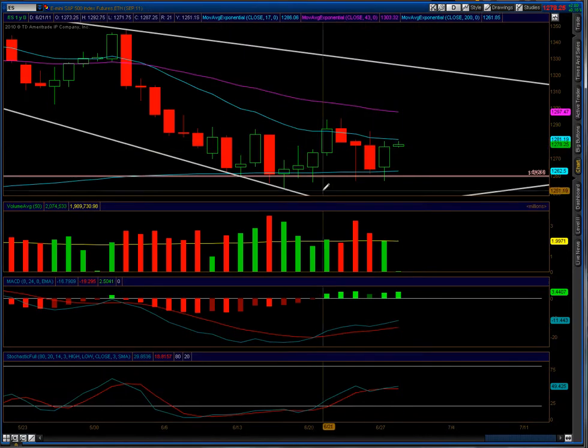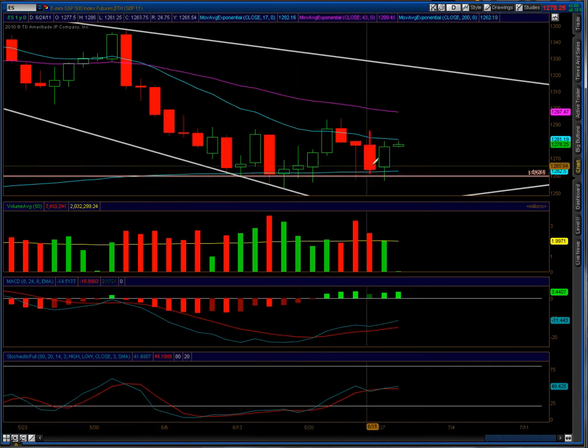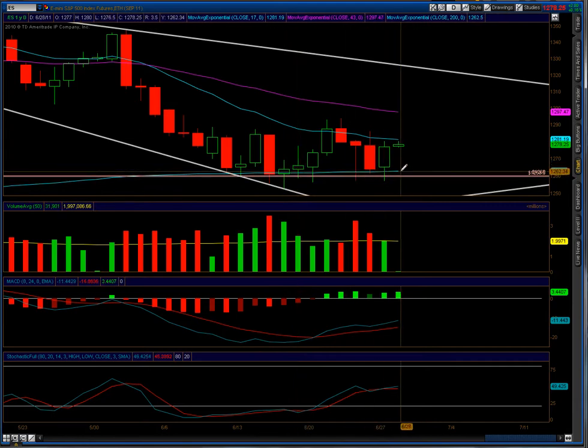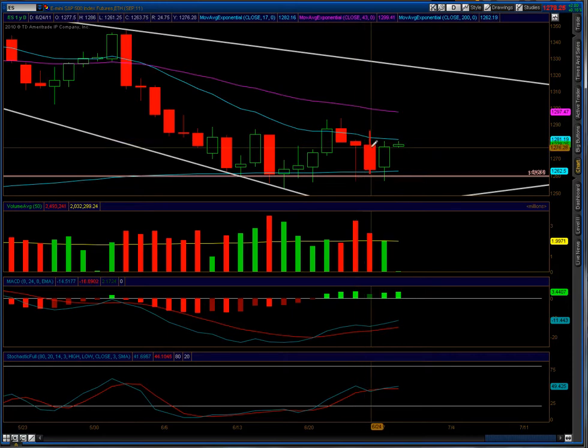Went ahead and zoomed in, and you can see that we have been bouncing right off the 200-day moving average, which is this moving average on the bottom, the second green one, or teal. And you can see all these tails, and especially on this day, which was Thursday last week, a big tail, little body right here.